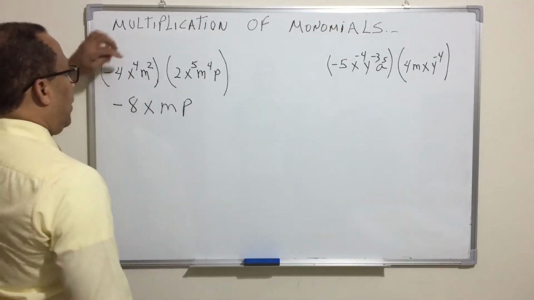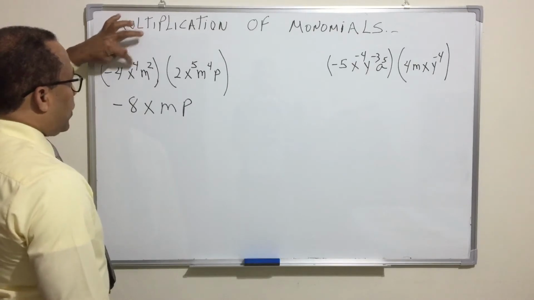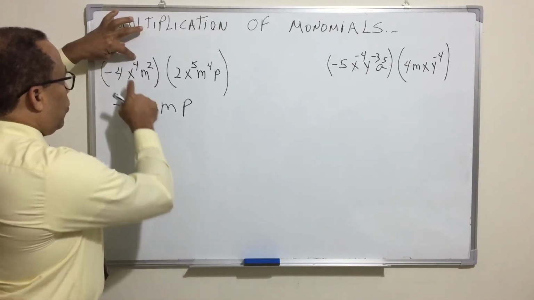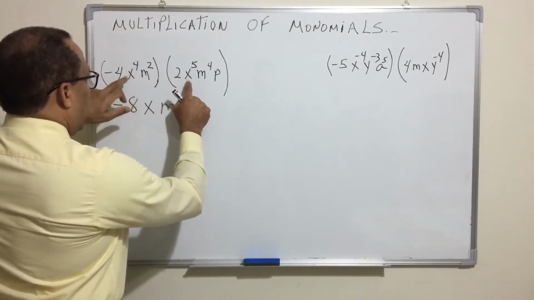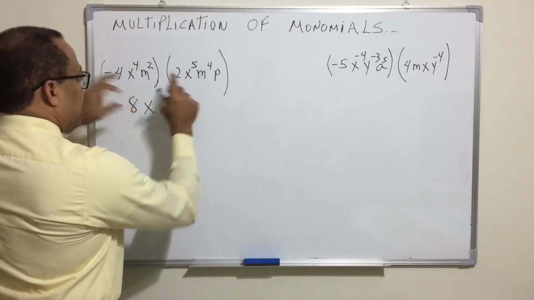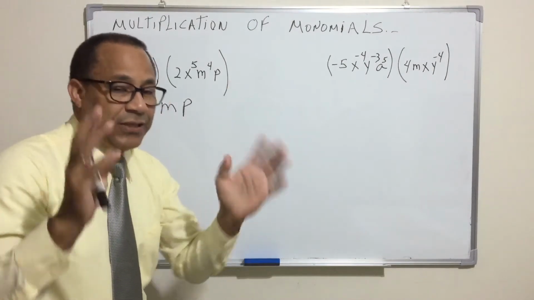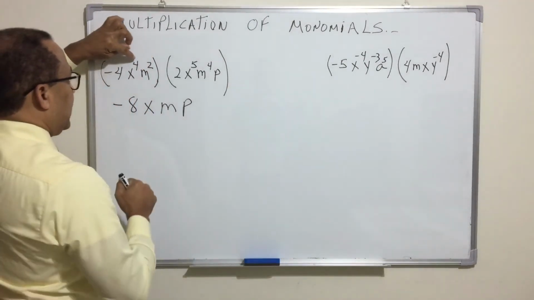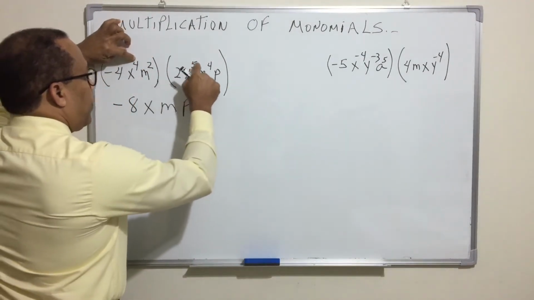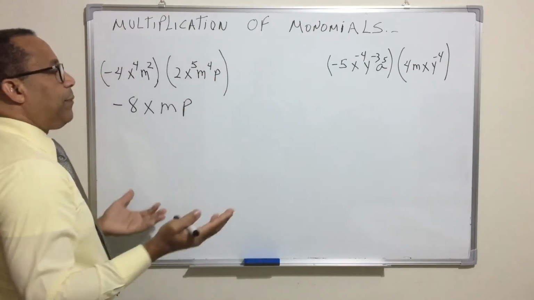This is 4x to the fourth, and then I look for the other x, these two. I'm going to work with these two x's because they are both x, like terms. So it says 4 plus 5. Why did I say plus?